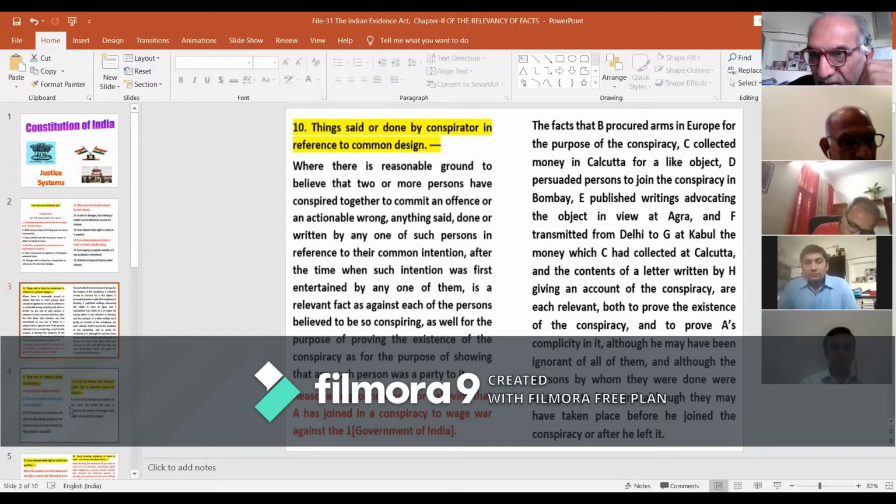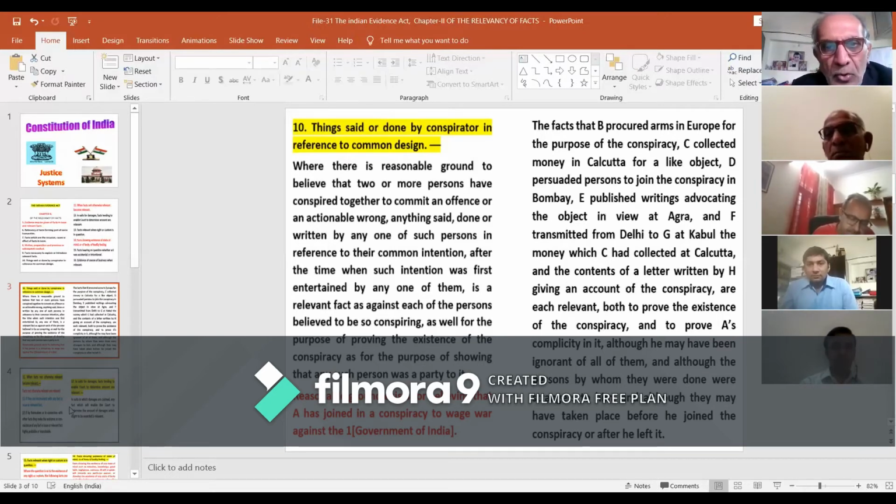Number one, whether or not a particular person is a party to the conspiracy. Number two, what precisely has been the conspiracy and what has been the common intention of the individuals. And then further, that act or conduct is subsequent to the time of hatching of the conspiracy, and further that act or writing is in reference to the common intention of the parties.